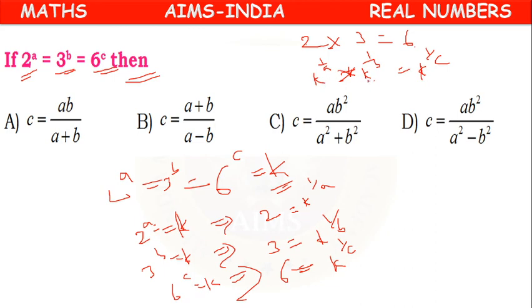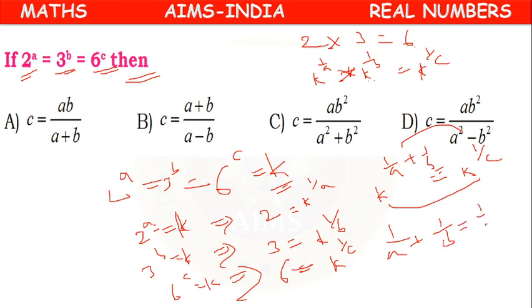So here both bases are the same. We can combine them. k power 1 by a plus 1 by b equals k power 1 by c. As bases are equal, powers are also equal. Means 1 by a plus 1 by b equals 1 by c. Or if we simplify them, taking the LCM, it will become a plus b by ab equals 1 by c.